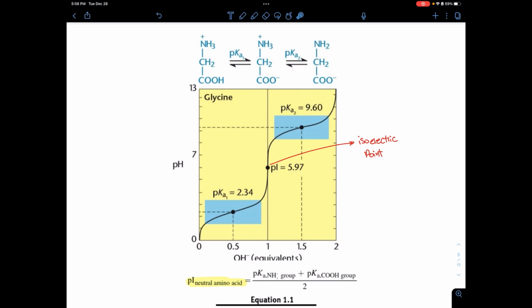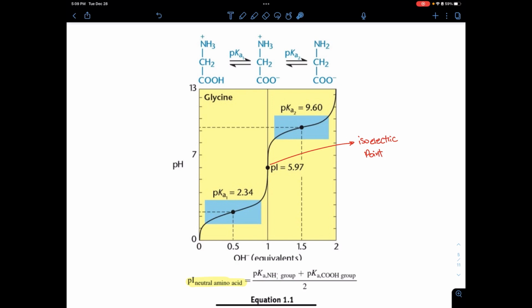What that means is that on that line, the carboxylic group gets deprotonated. We discussed that the pKa of the carboxyl group is around 2 or 3, and if the pH goes above that, the carboxyl group will lose a hydrogen.